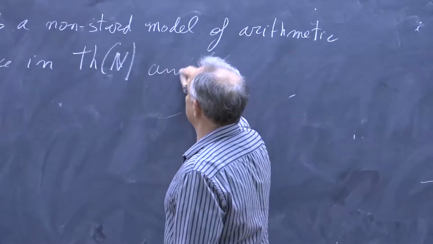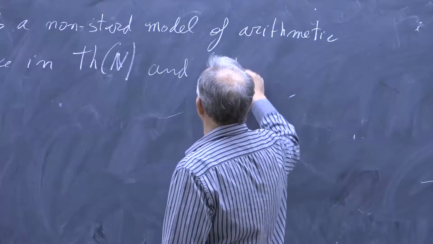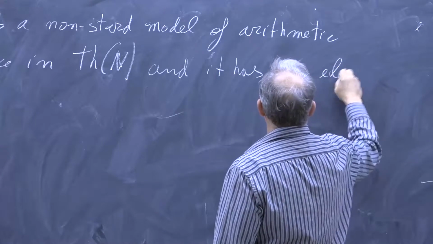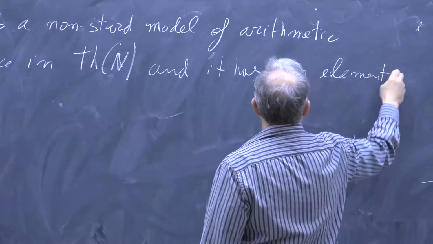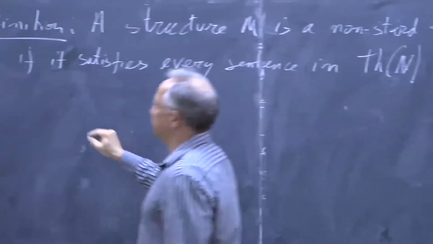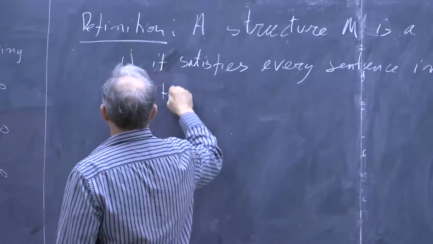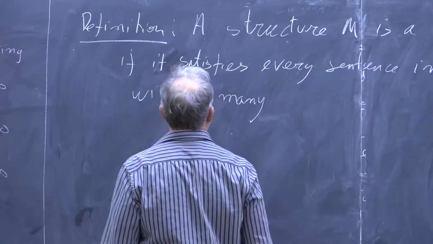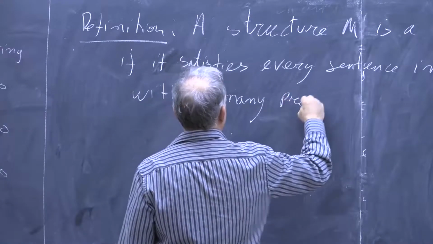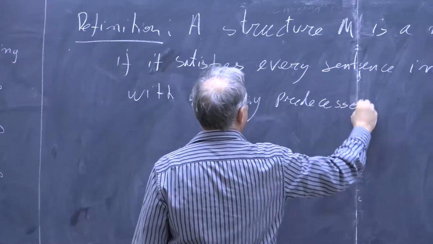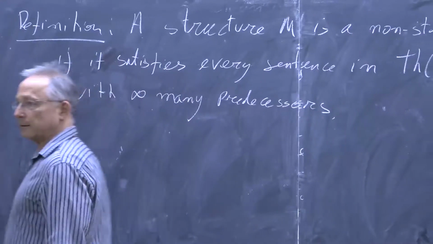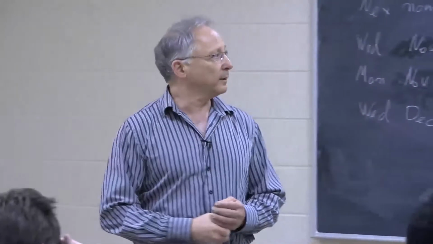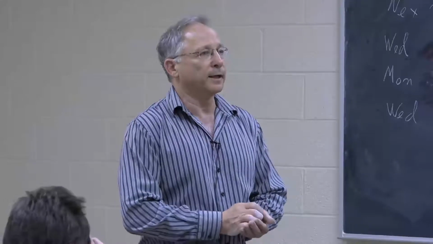And it has an element with infinitely many predecessors. It is a model of arithmetic when it satisfies the theory of arithmetic, and it's non-standard when you have this crazy element.